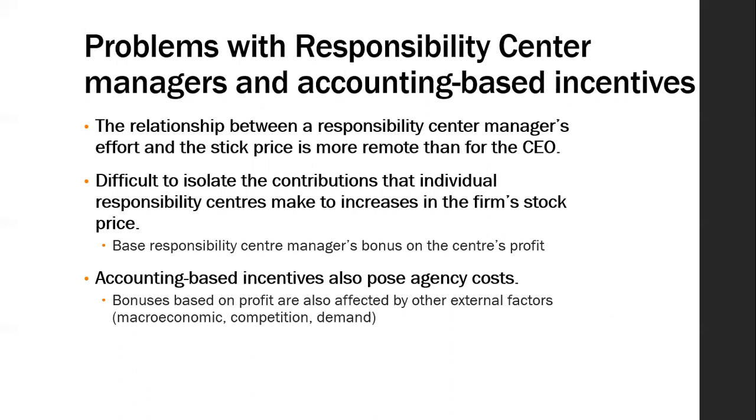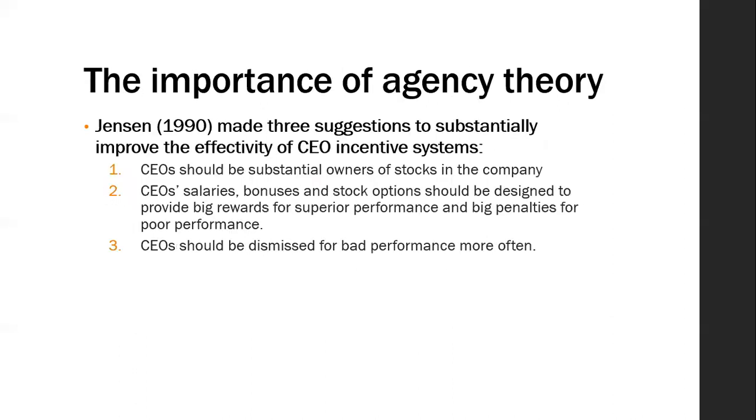Okay, and because of that, there could be agency costs related to it. Okay, because bonuses are not necessarily based on what you can influence, but could be affected by other external factors such as macroeconomic, competition, and demand.